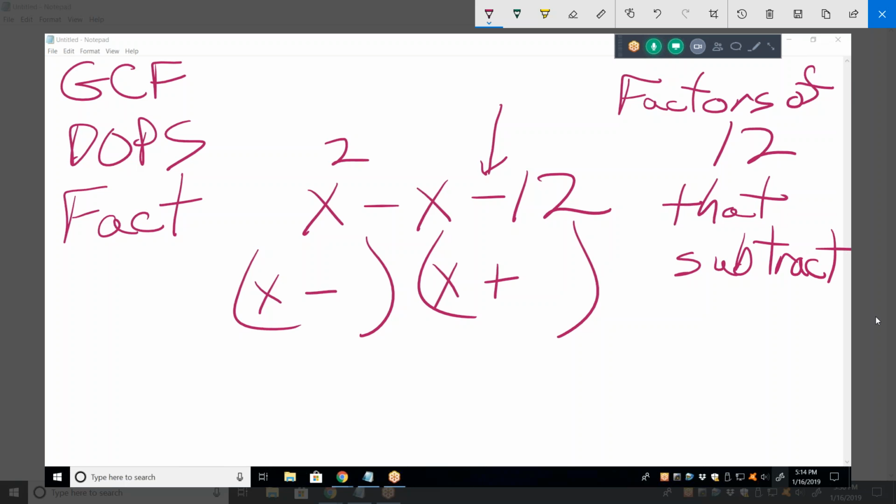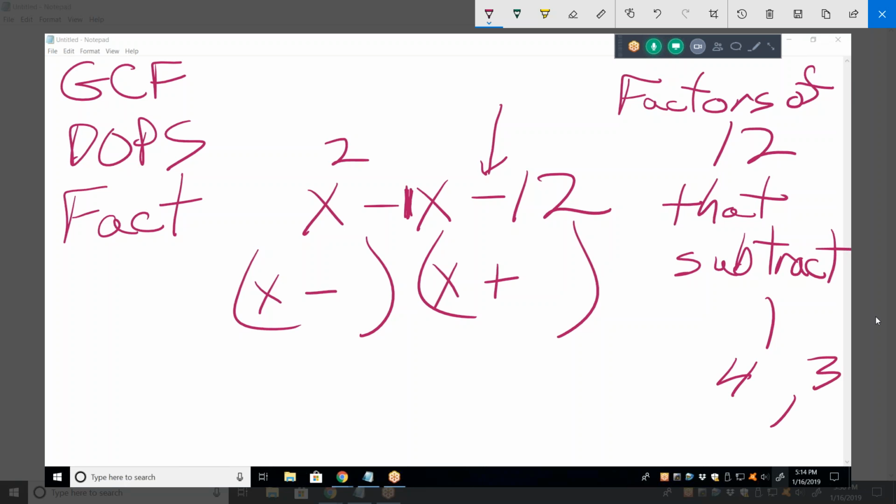What's the coefficient of the middle term? 1. Just 1. You don't need to even consider its sign. It's actually easier to not consider the sign. The coefficient is 1. So what factors of 12 subtract to 1? 4 and 3.